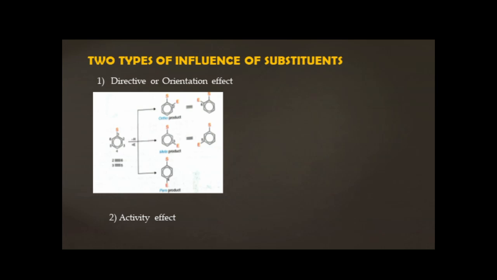Also, the second influence effect, the activity effect, decides the rate of the reaction. So the rate of formation of the ortho product or any other product is predicted by the activity effect. These two effects decide the nature of the product.